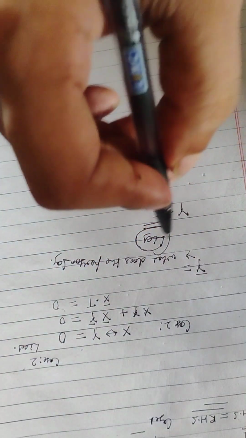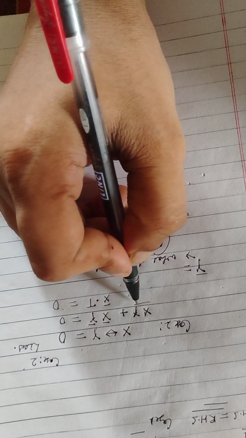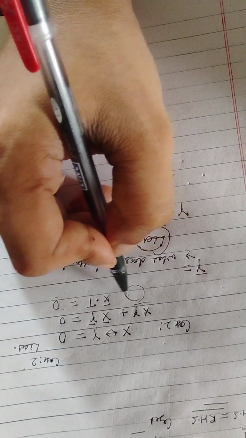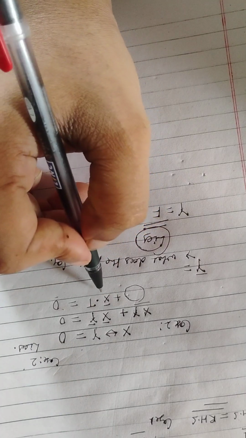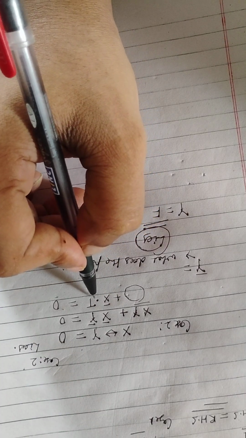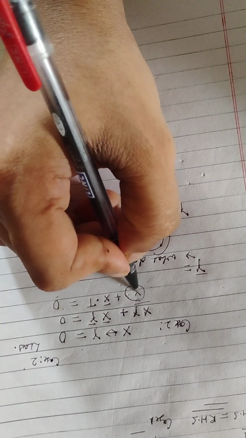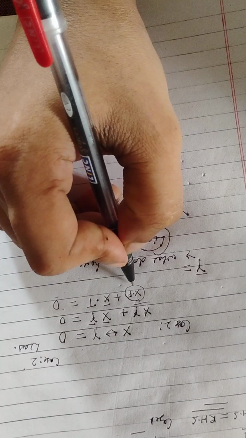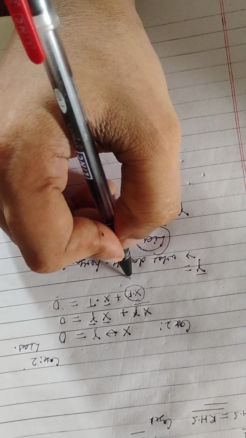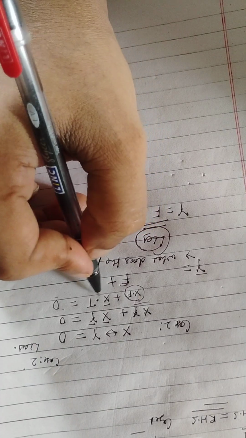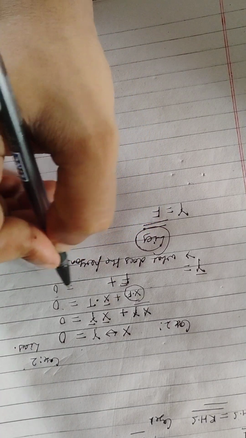RHS is 0. Now what should be x and y so that it becomes 0? Simply we can say this as something into true, or, what should the value of y? Y is false, right? So x into false. Something into false becomes false. False plus x bar into t should be equal to 0.